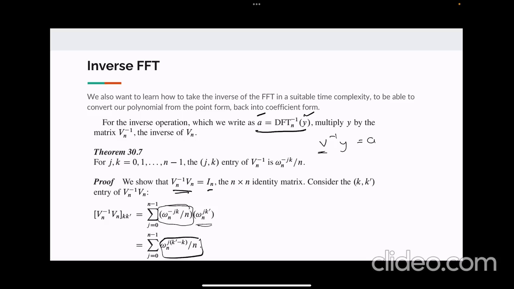Now, we know from the property of complex numbers that this will be 1 when and only when k dash is equal to k, and 0 otherwise. So that tells us that all the diagonal elements will be 1 and all the other elements will be 0. That proves this is the form of the inverse Vandermonde matrix.